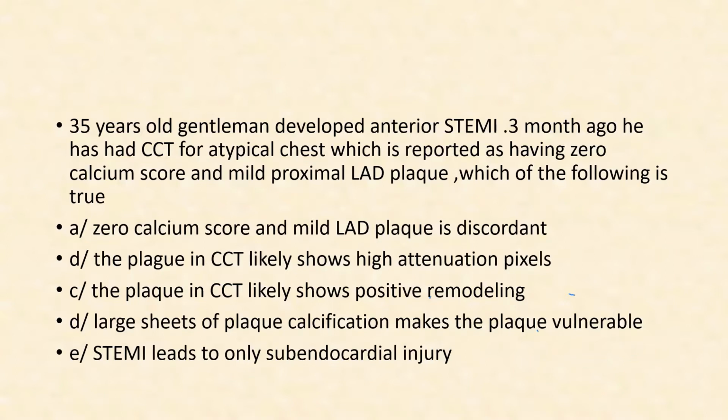So this patient presented now with STEMI, and 3 months ago for atypical chest pain he underwent cardiac CT, which was reported as 0 calcium score and a mild proximal LAD plaque. A: 0 calcium score and a mild LAD plaque is discordant. They cannot coexist, or are mutually exclusive.